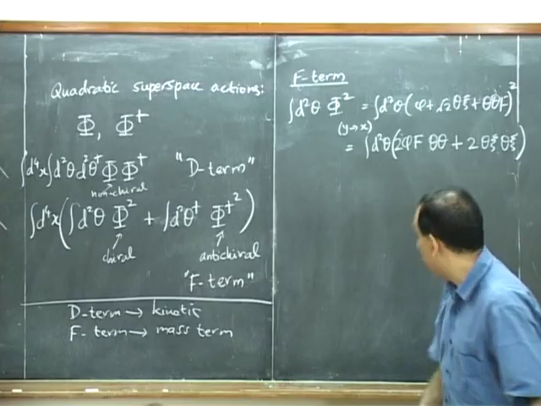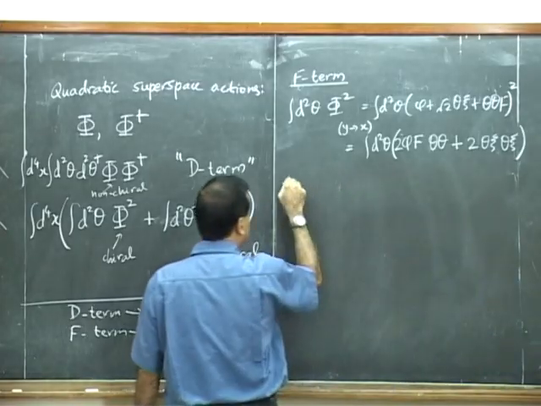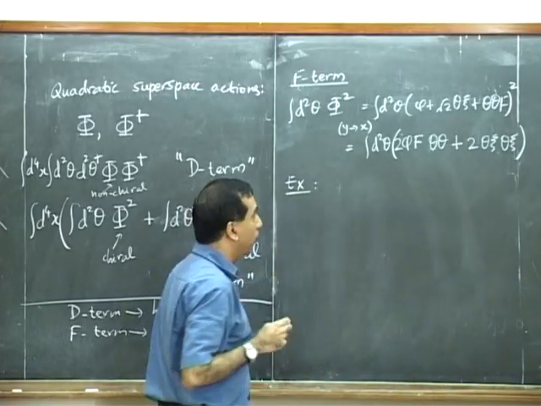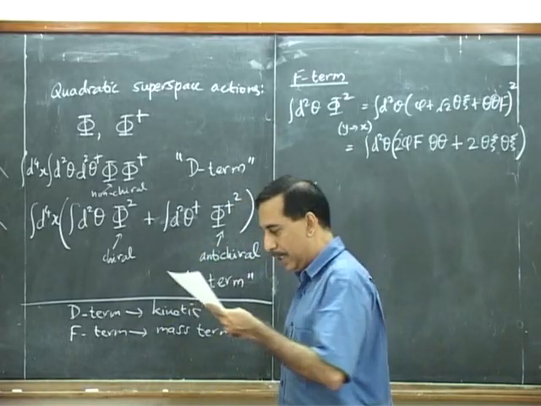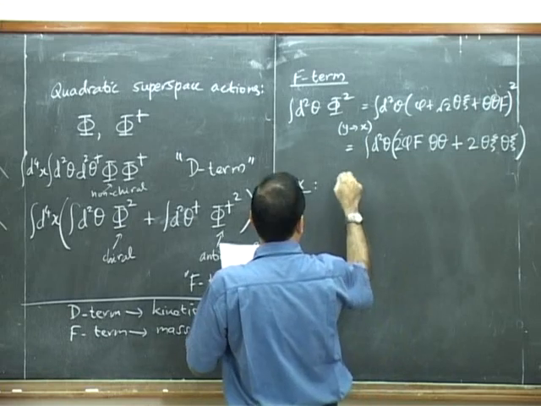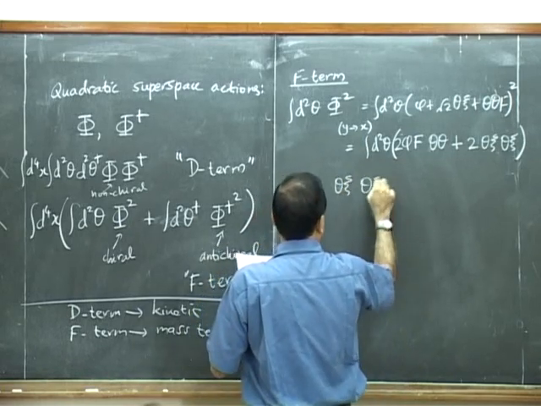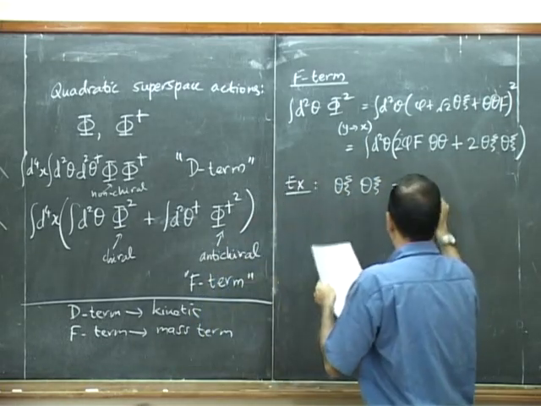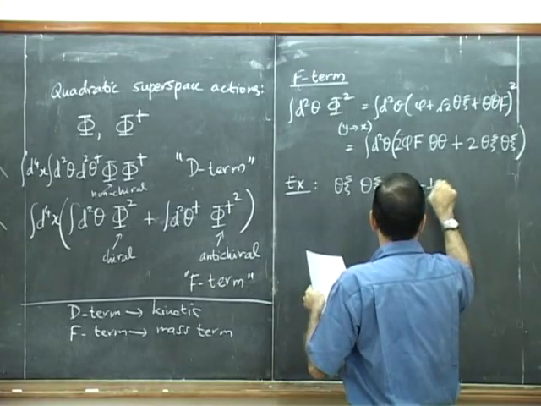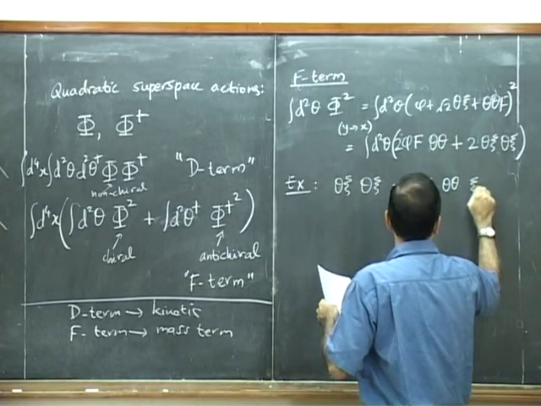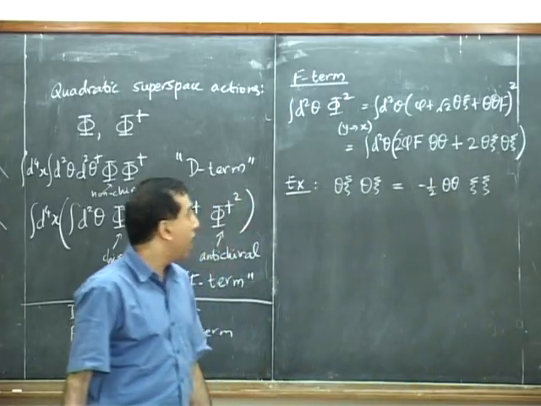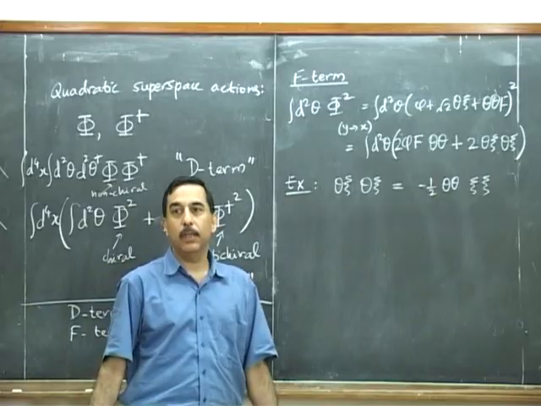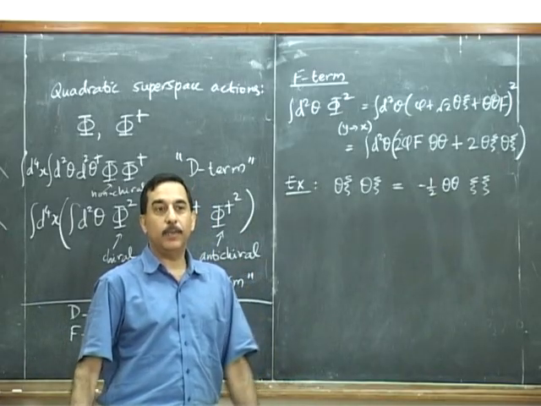Good. Now, the next thing is a very simple exercise, and this one I want people to do, and I'm going to ask somebody at random next time to come here and do it. It is that theta psi theta psi is the same as minus a half theta theta psi psi. How would I prove such an identity? Explicitly, right.